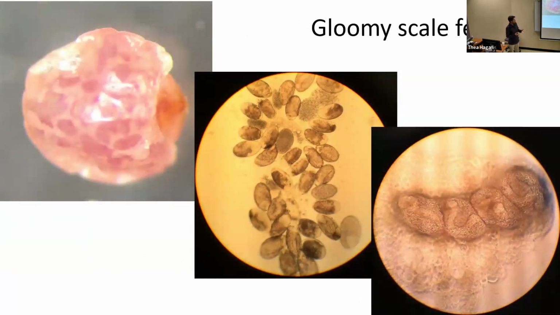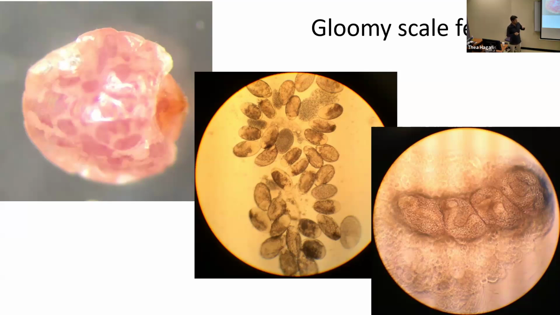And we started digging a little deeper, looking at these organisms. This is an adult female gloomy scale. For actual scale, this is about 1 millimeter in diameter. But she is full of babies, so we dissected a bunch of these females on all these trees across this gradient of temperature to see if there was a difference in their reproductive output.